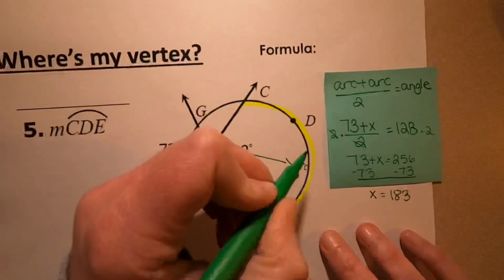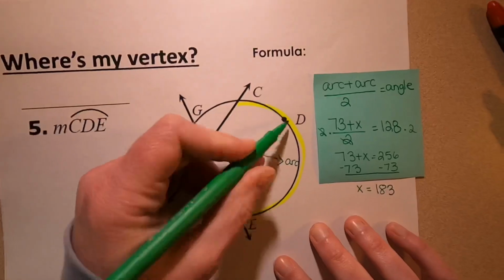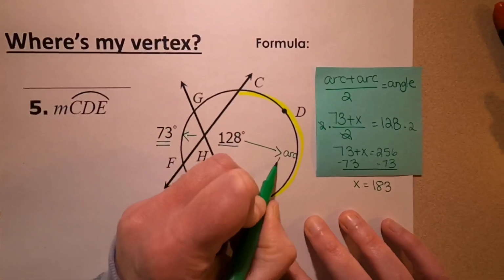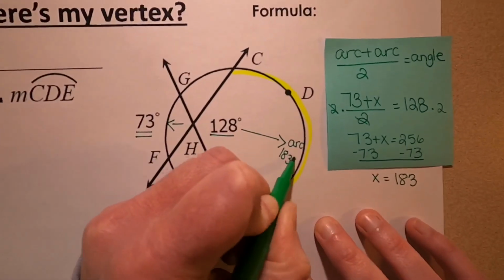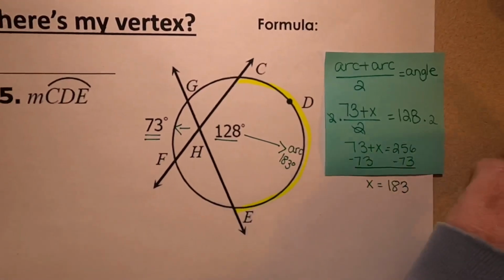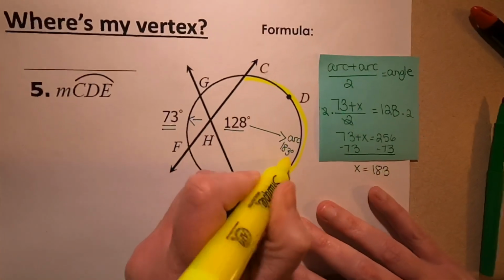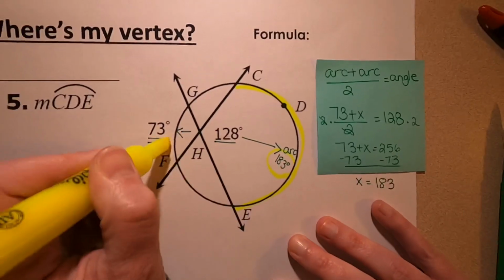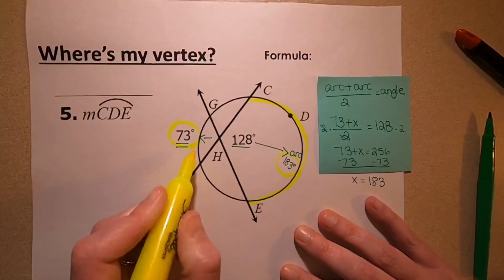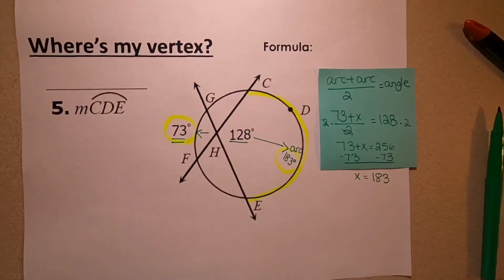You'll notice that means this arc, CDE, is equal to 183. You can always go check, and you can add arc plus arc divided by 2 should equal 128.